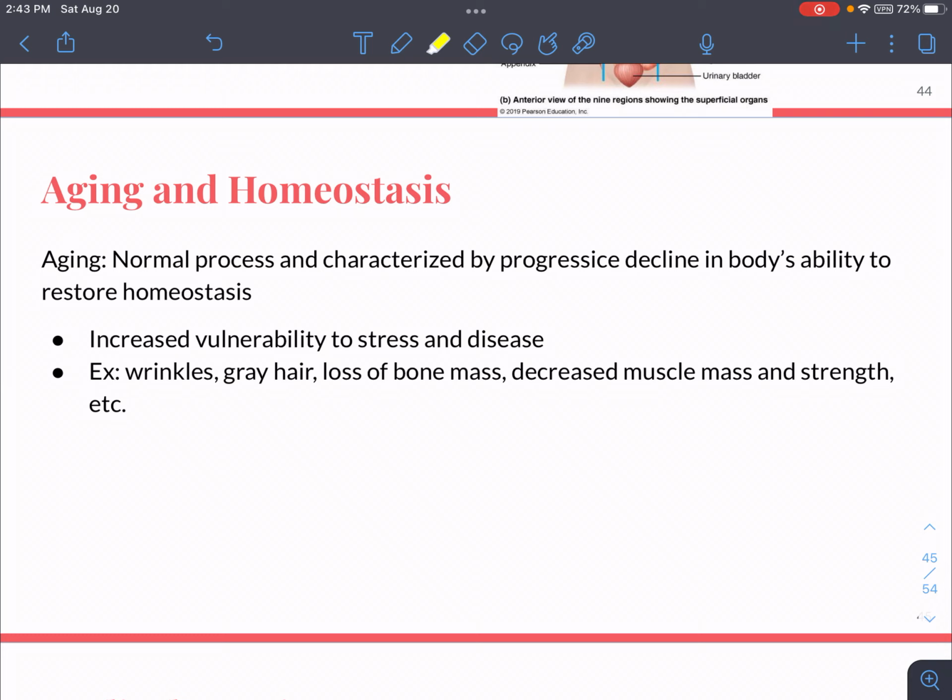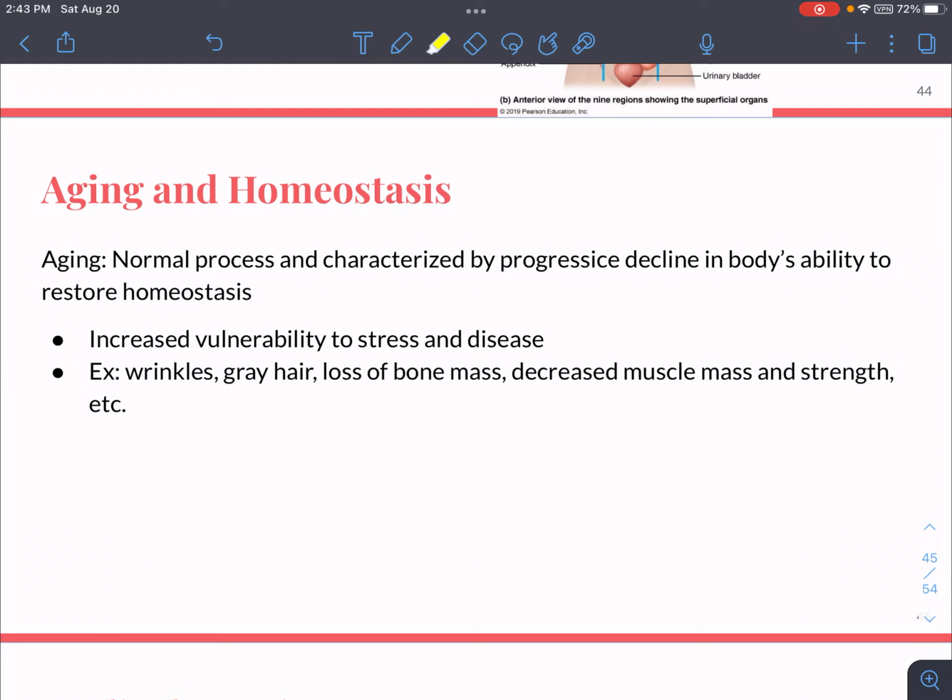Because of this, you're more susceptible to stress and diseases. That's why the older you get, if you've ever noticed, older people tend to get sick more often or have more diseases. That is because their body can no longer maintain that homeostasis.